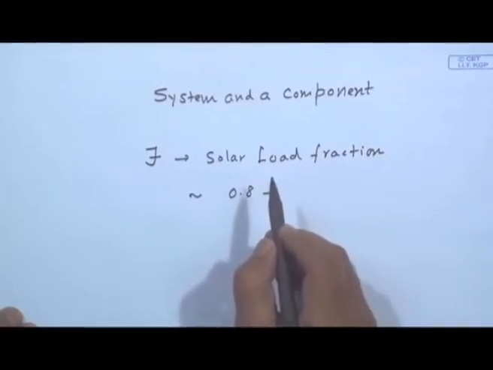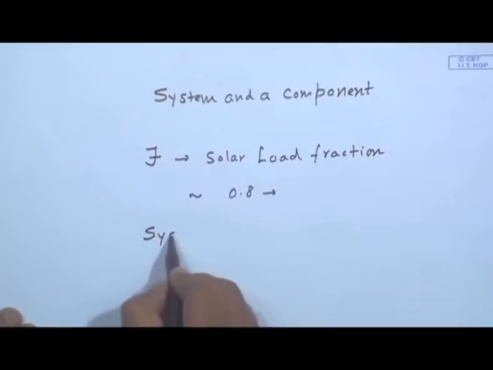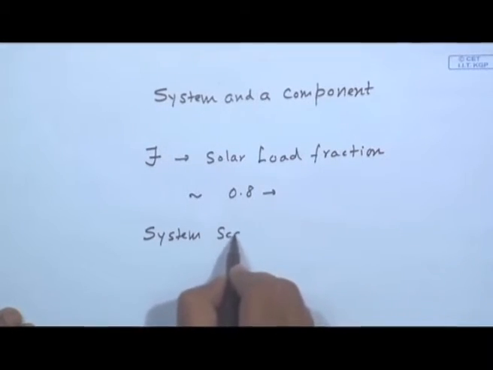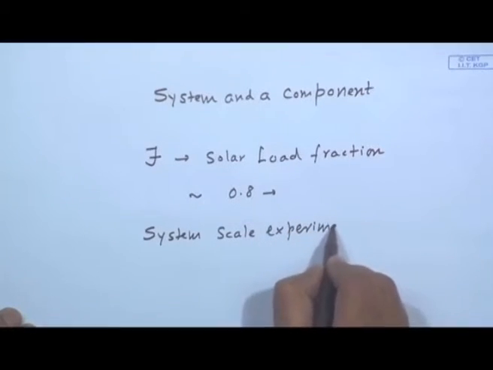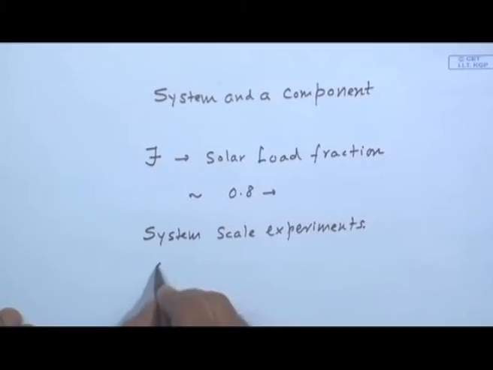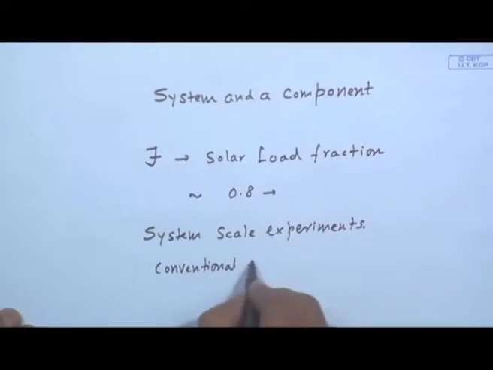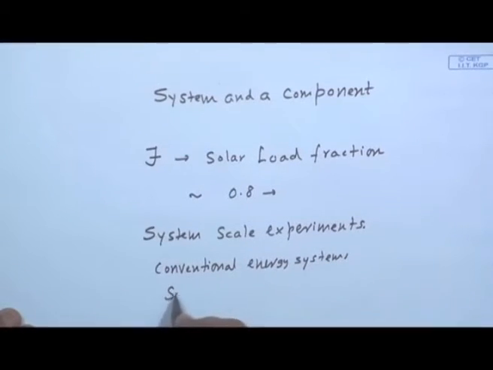Now, the whole objective of this course had been finally to determine this annual solar load fraction, and the first possibility is system scale experiments. Here is where we recognize the difference between conventional energy systems, or for that matter any component, and solar energy.